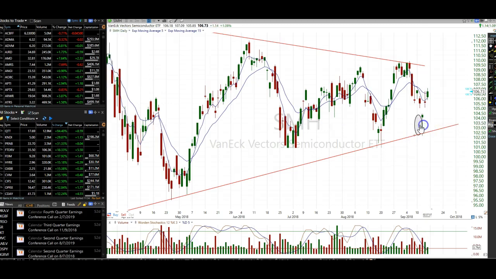You get this gap down and it trades like that, and then this was the breakdown, and then it fills right back up, and then this is actually a bullish chart.